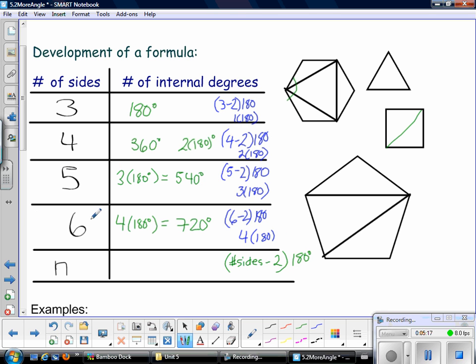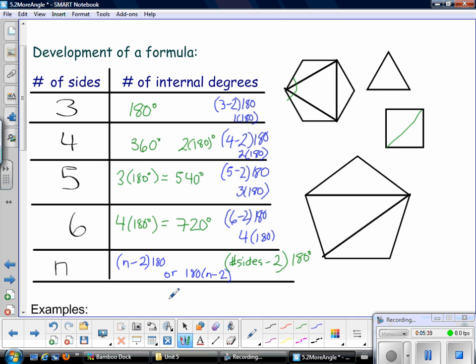So how would we make a formula? Well, our formula is number of sides, take away 2, times 180. That is actually a formula. Or you could write it as 180 times (n minus 2).